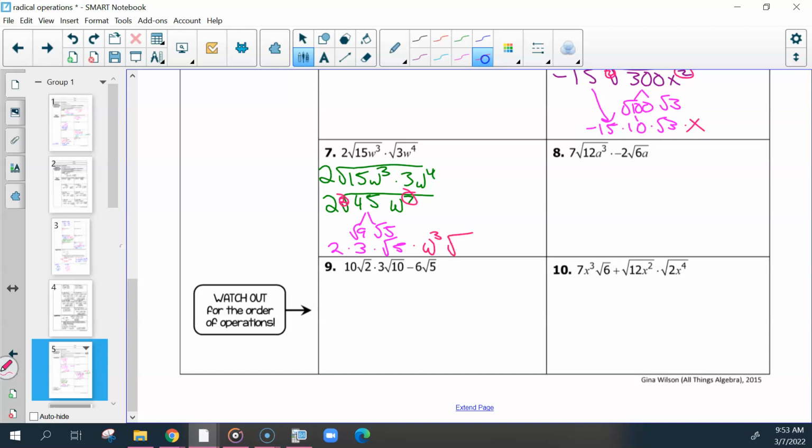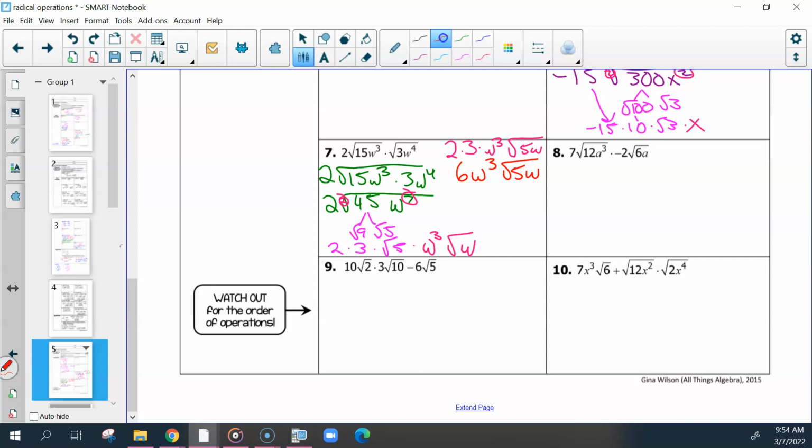With how many left over? 1. So on the outside we have 2 times 3 times w to the third. On the inside we have 5 and w. What is our final answer? 6w to the third times the square root of 5w.